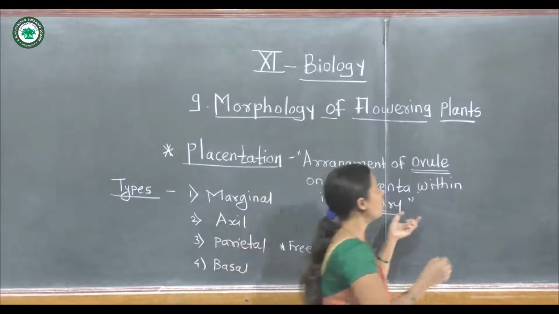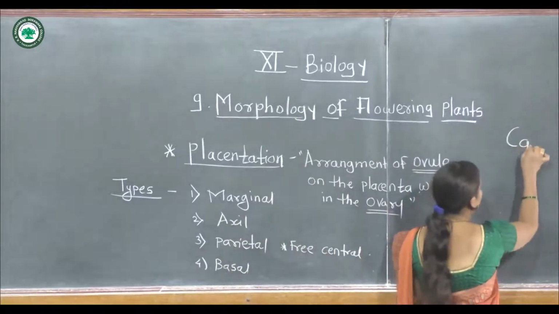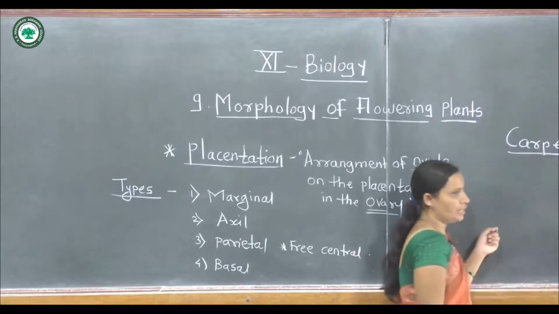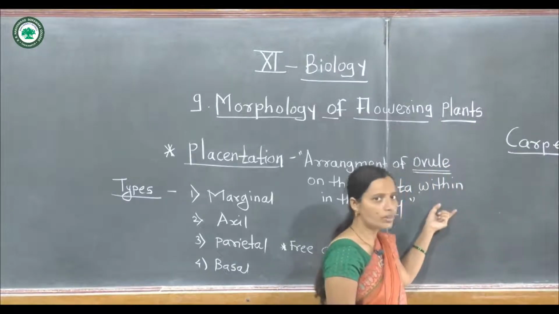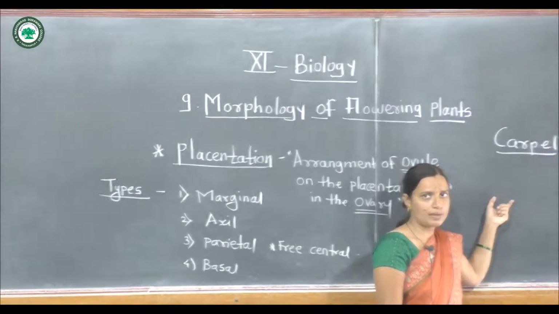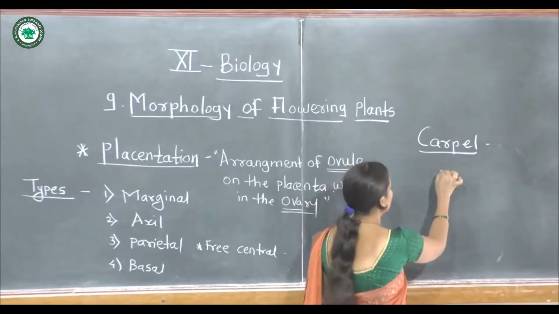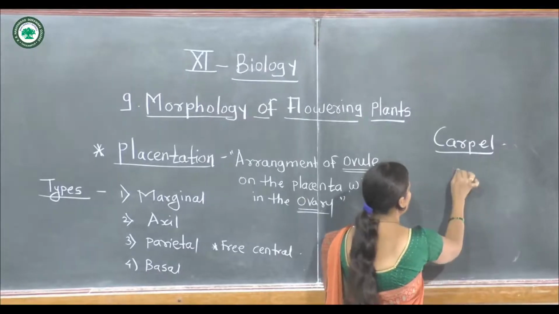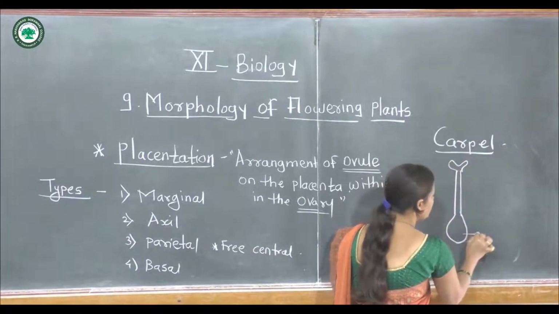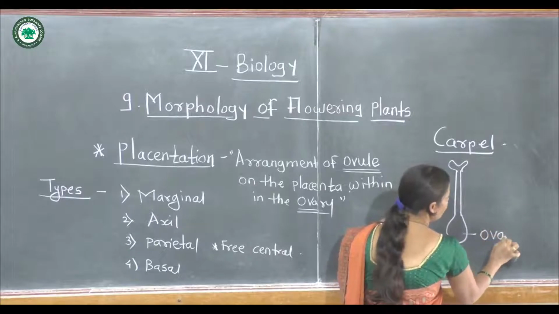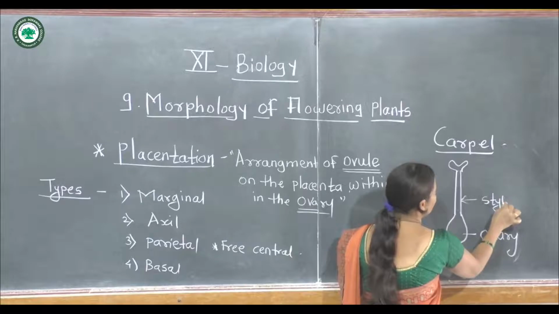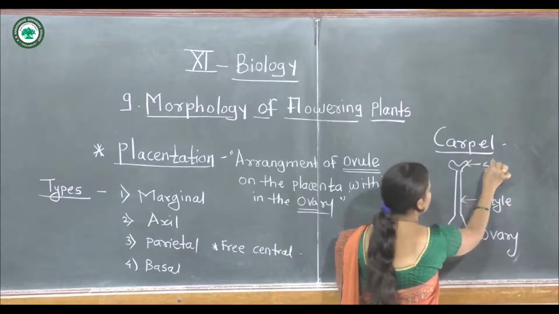The carpel is the female reproductive whorl of the flower, and there are three parts of a carpel or gynoecium: the ovary, style and stigma.